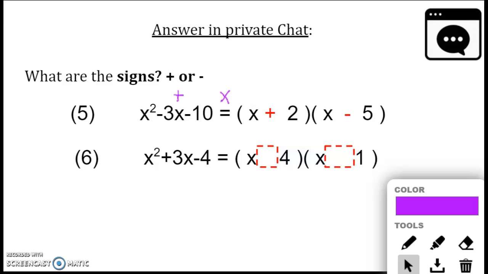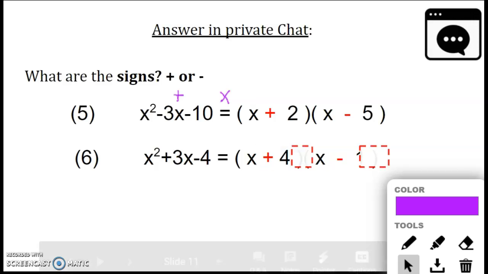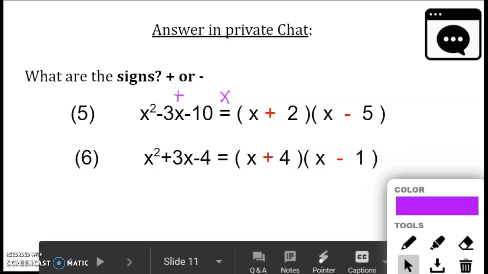If I multiply 2 and 2, that's not going to give me 3. But if I multiply 1 and 4, that's going to get me 4, but one of them has to be negative. Which one is going to be negative? Well, we want to end up with positive 3, so the bigger number has to be positive. So it's going to be plus 4 and minus 1.